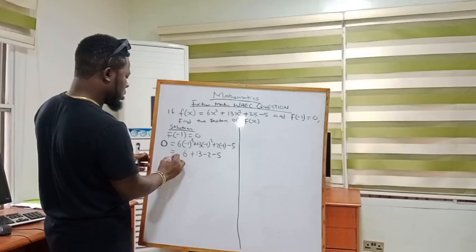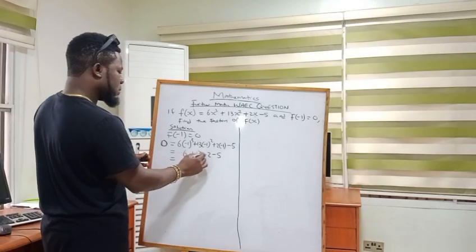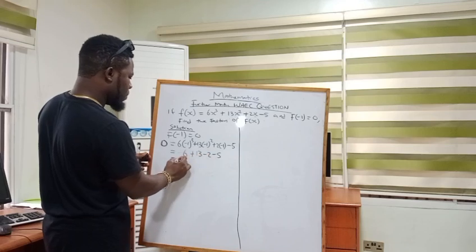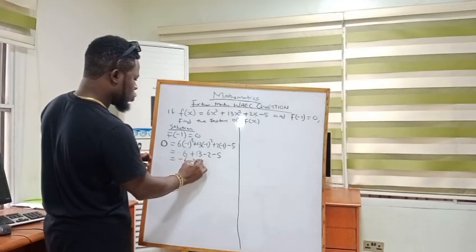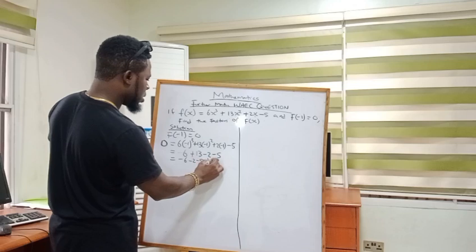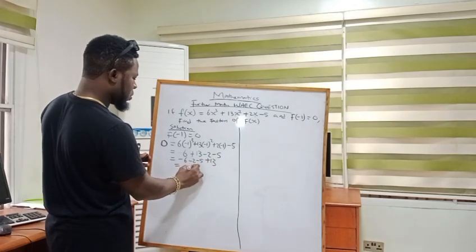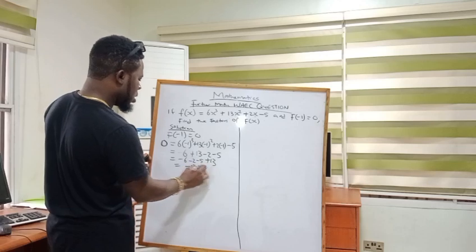Let's see whether it will give us 0. 6 times minus 1 cubed gives minus 6. Then 13 times minus 1 squared, which is minus 1 times minus 1, gives 1, so plus 13. Then minus 2, minus 5. So minus 6 minus 2 minus 5 is minus 13, plus 13, which is what?